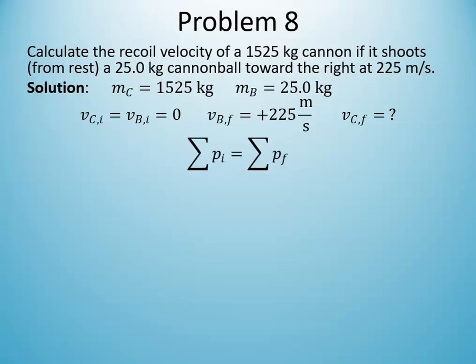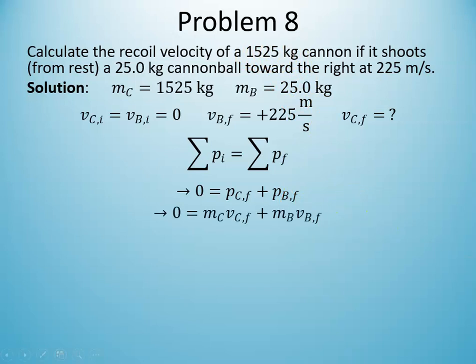So conservation of momentum, just like before. The initial momentum and the final momentum, for that matter, are both zero, but the fact that we know that the total final momentum is zero allows us to calculate something involving the individual final momenta, which add together to give the total final momentum. So the total final momentum is the final momentum of the cannon plus the final momentum of the ball, and we're assuming that this 1525 kilogram mass did not include the mass of the cannonball.